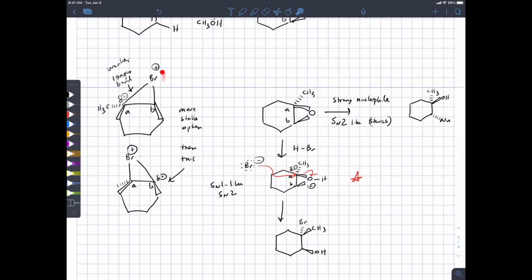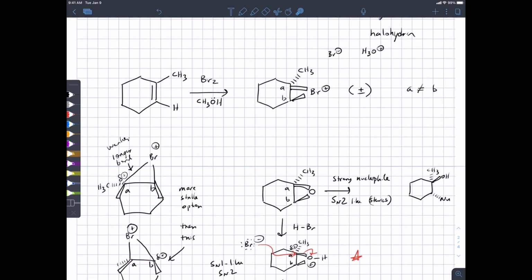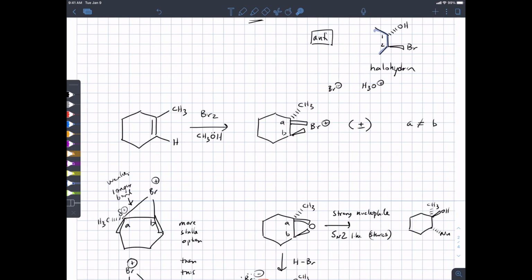Now, the bond is longer, but it's not completely gone. So that means the nucleophile still isn't going to come in from the top side because bromine's still blocking that face. It's going to come in from the bottom side like we saw with epoxides and like we saw with regular halogenation, we're still going to get backside attack.